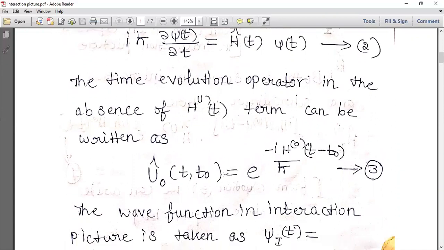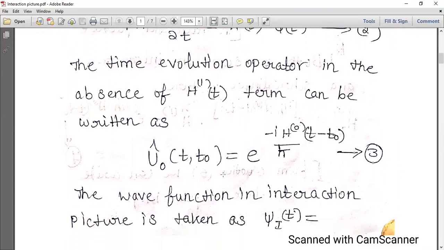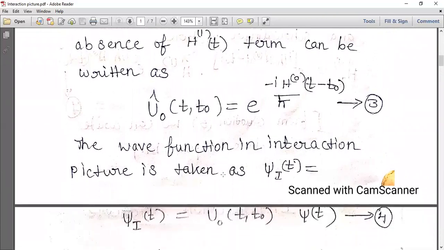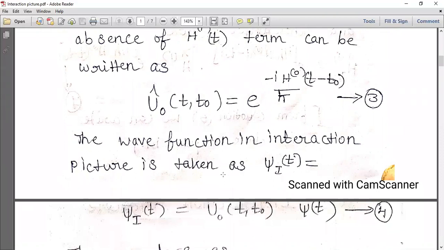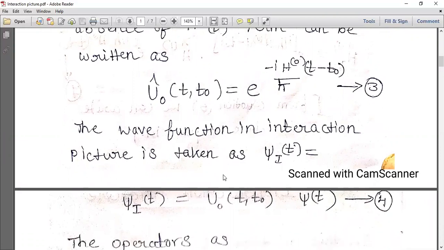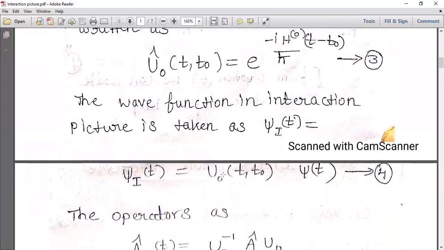This is nothing but what we got from the Schrodinger picture. This is the stationary state case, where we got the equation from the Schrodinger picture.